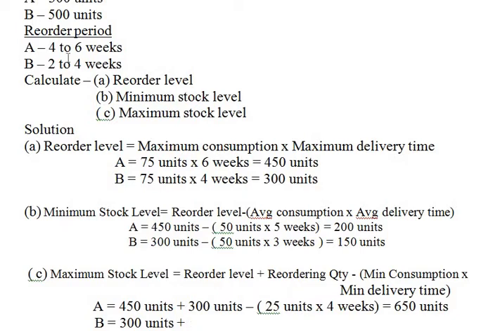For B it is 500 units. 500 units minus, in bracket, minimum consumption for A as well as B is the same, that is 25 units into minimum delivery time. Minimum delivery time for B is 2 weeks.